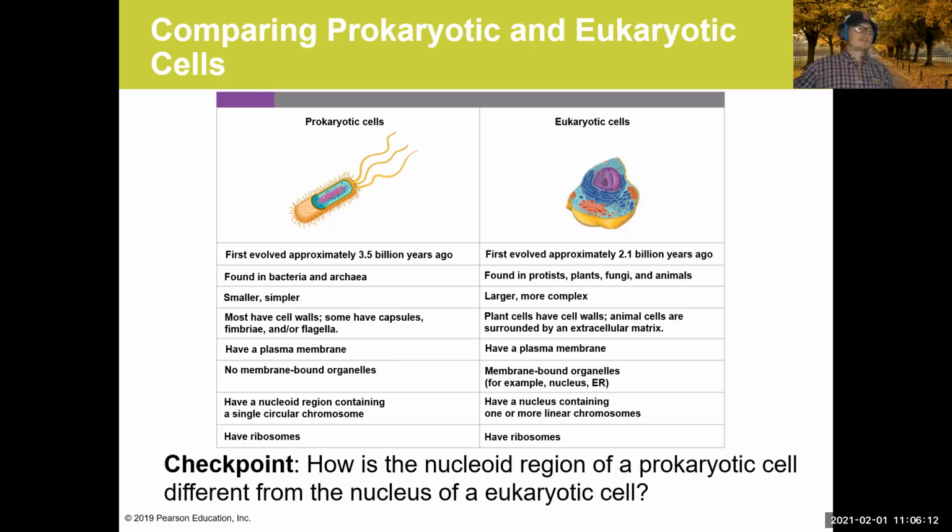They don't have a nucleus, which is a membrane-bound organelle. Instead, the DNA is concentrated in a region called the nucleoid region. And prokaryotes have one single chromosome that is a circular chromosome.